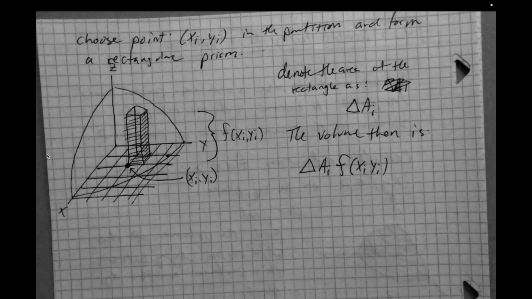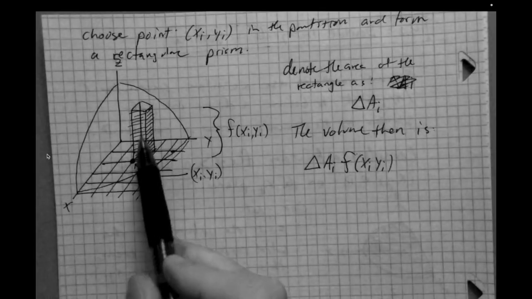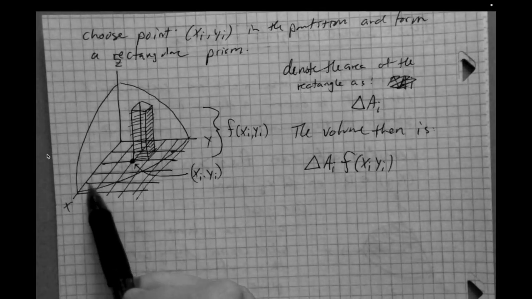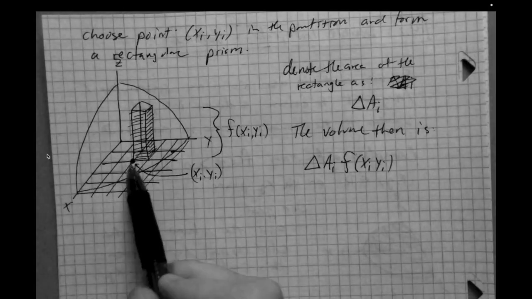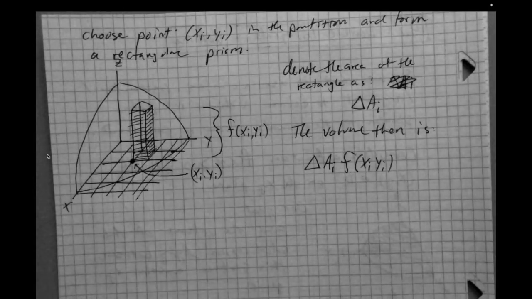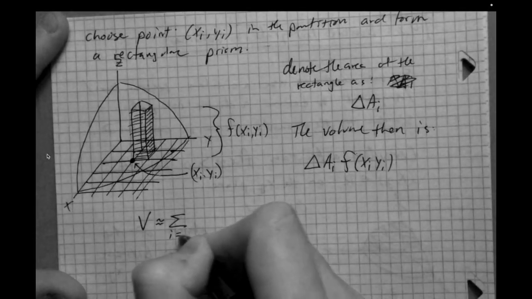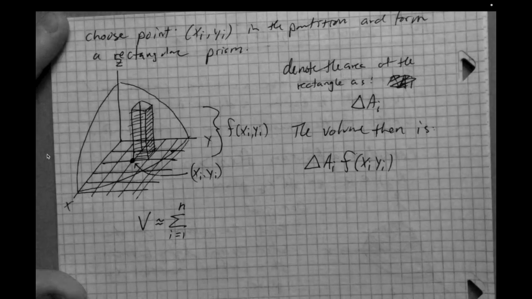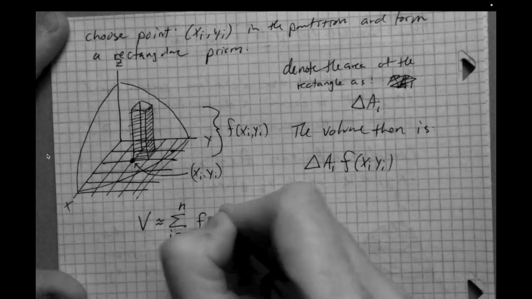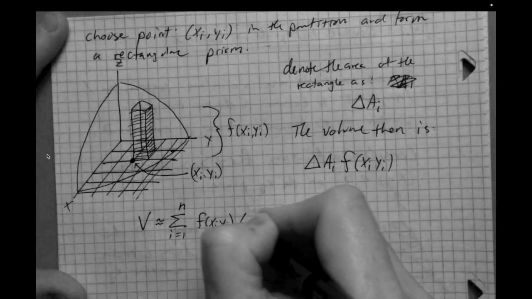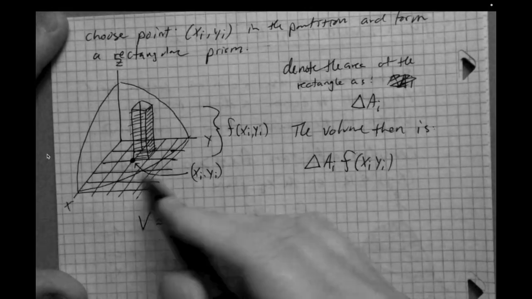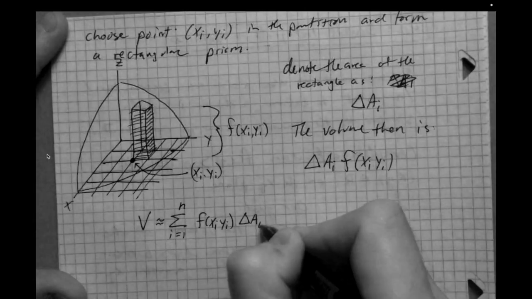We could repeat this procedure for every rectangle in the partition and add them all up, and what we would arrive at is some estimate of the volume. So the volume is going to be approximately equal to the sum from i equals 1 up to n, however many there happen to be, of f of xi, yi times the area of the rectangle from the partition.